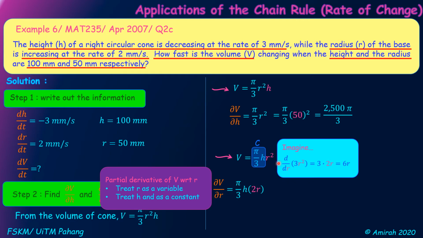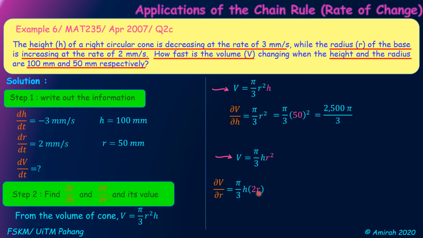And the same goes for constant times r squared. When we differentiate constant times r squared, we can refer from here. We have the constant, which is pi over 3 h, and then times 2r. Then when we simplify, we get 2 pi over 3 r h.